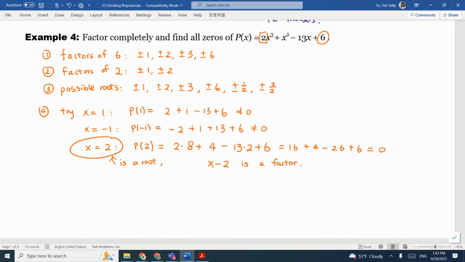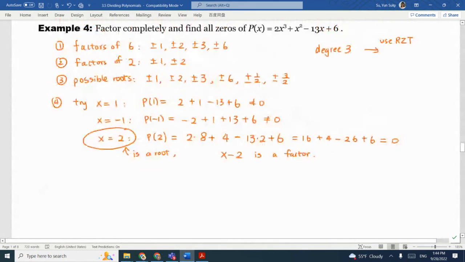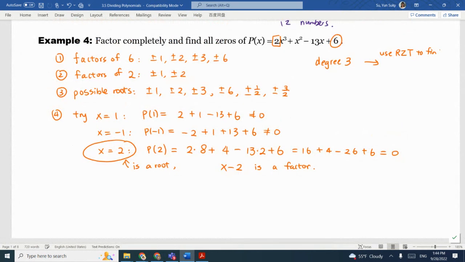All right. So you look at this problem. What's the degree? Degree is 3, right? So we start with a degree 3 polynomial, and then we use the rational zero theorem, RZT, to find one root.